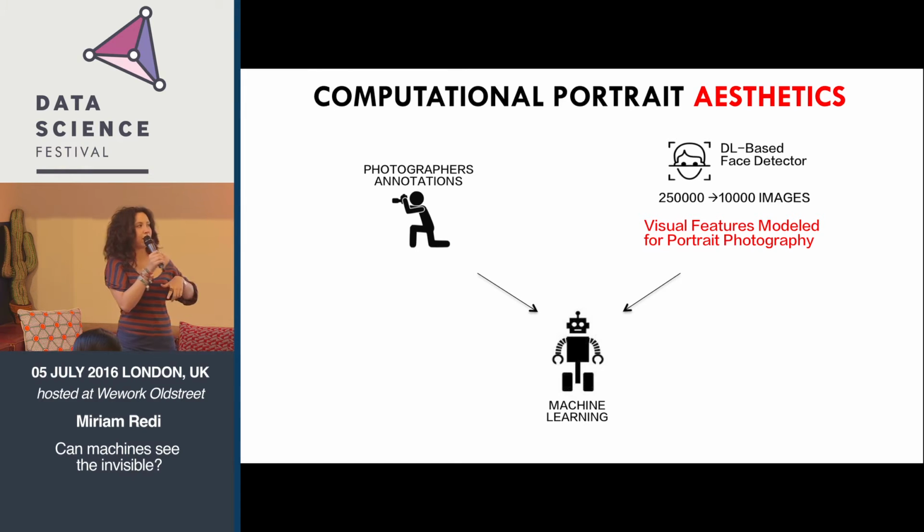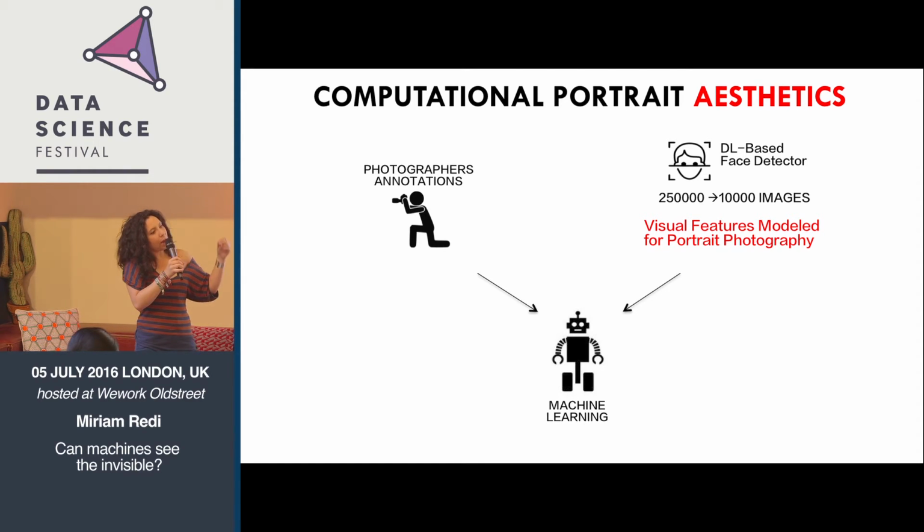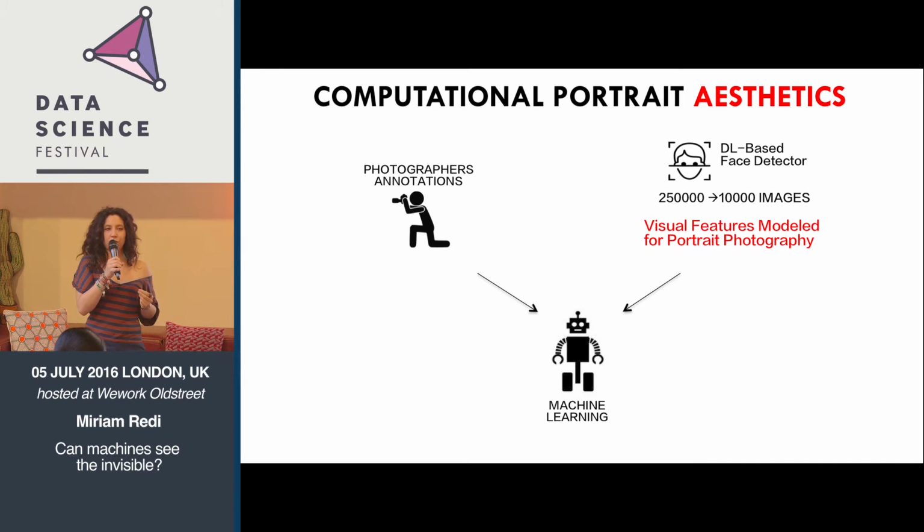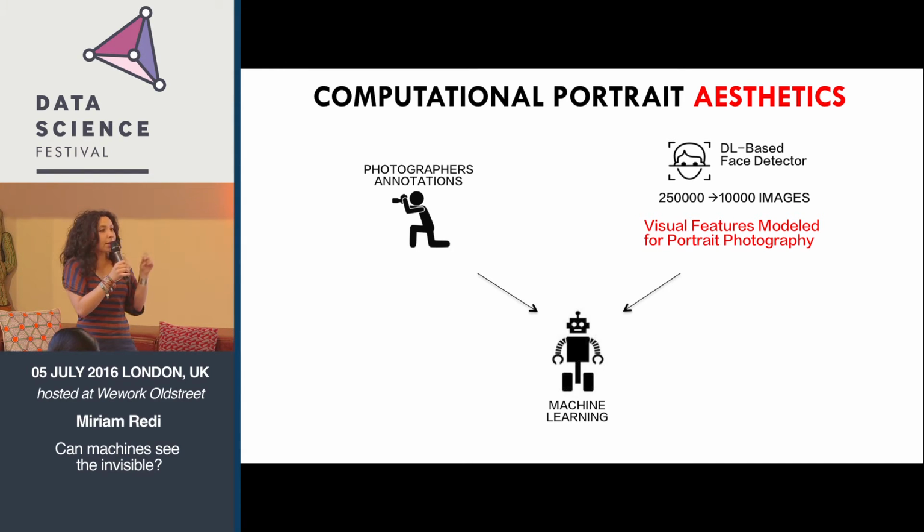And so we built this computational portrait aesthetic system by taking a large training set of images annotated by professional photographers in terms of their beauty, and then reducing it to a portrait-only image dataset by running a face detector on it. And then we build on the output of this face detector, and we design visual features that are inspired by portrait photography.